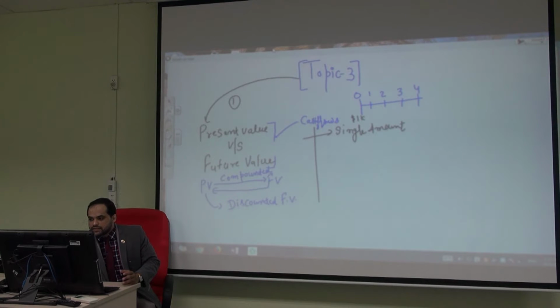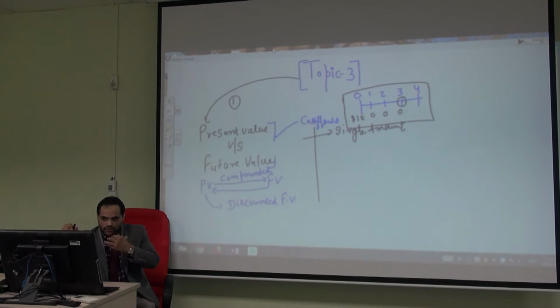In the second year, you do not invest. In the third year, you do not invest. So what will be the value of money at the end of the period?